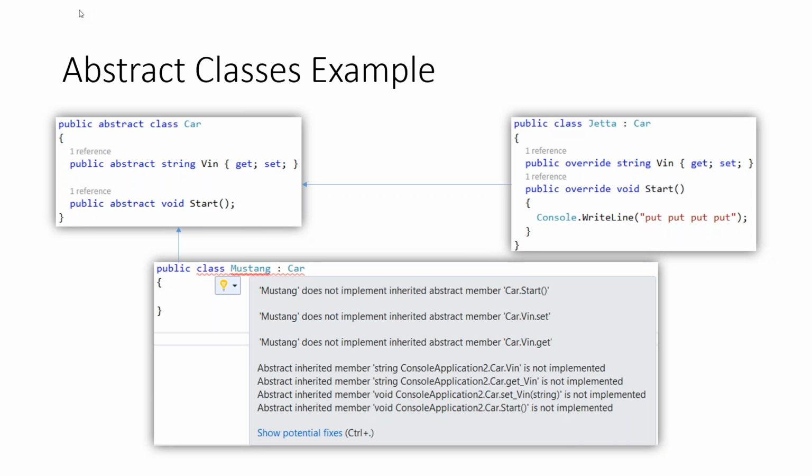Stop could be an abstract behavior, and we say that anything that is a car will have start and stop functionality, okay? And this is how we take an abstract idea and give that abstract behavior, we guarantee that it will be on any child class.